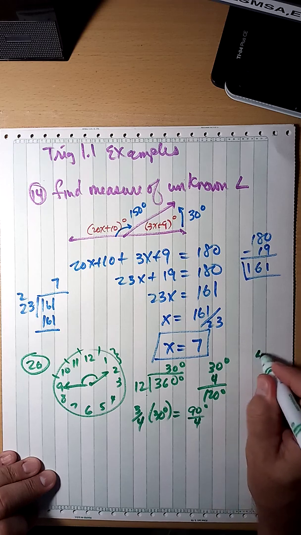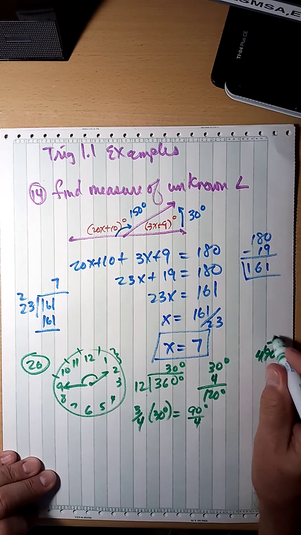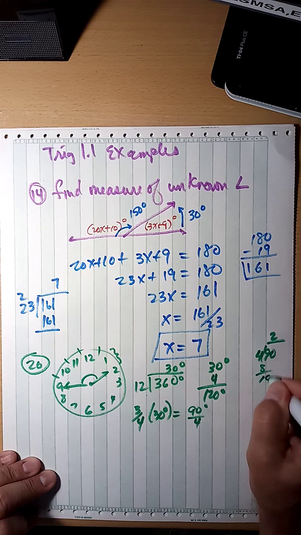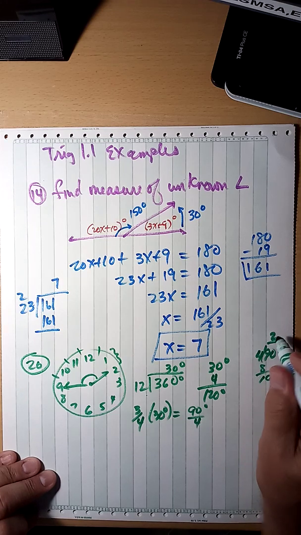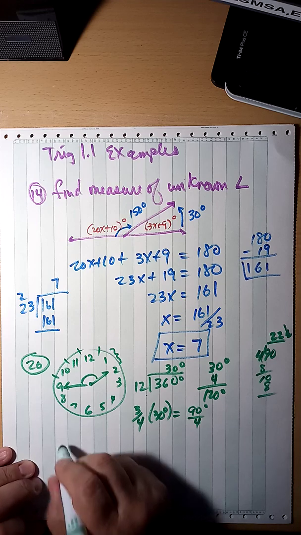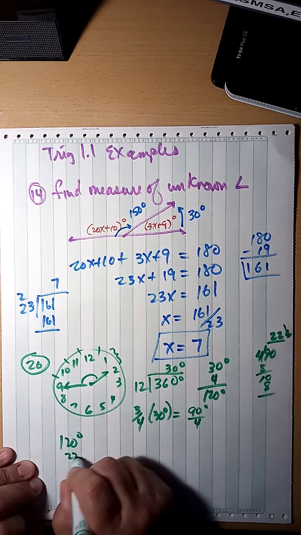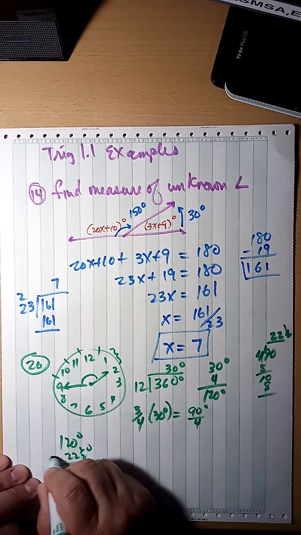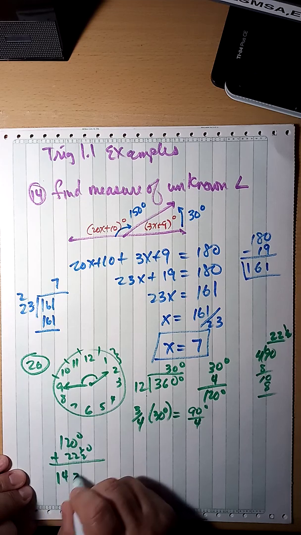Let's see, 4 goes into 90 twice, that's 8 and 10. 4 goes into 10 twice, that's 8 and a half, so 22 and a half. So 120 plus 22 and a half is 142 and a half degrees.